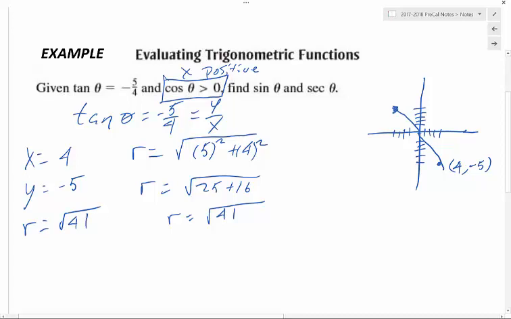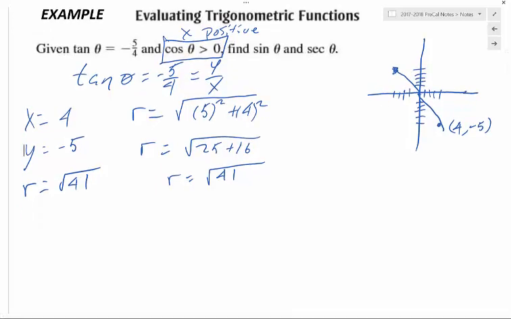Had they not told me that the cosine of theta was positive, there would have been potentially two sets of answers based on where you position that point. Because if all they give you is negative 5 over 4, that negative could be applying to the 5 or the 4. But because they tell you the cosine is positive and cosine corresponds to x, then the x has to be positive. So now I'm going to find the sine.